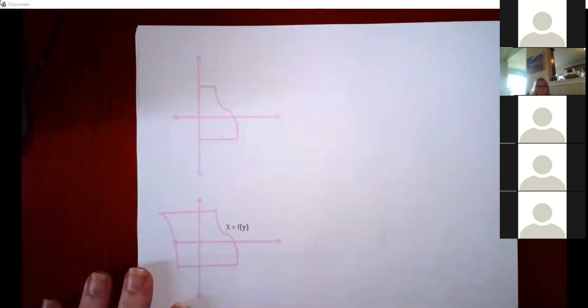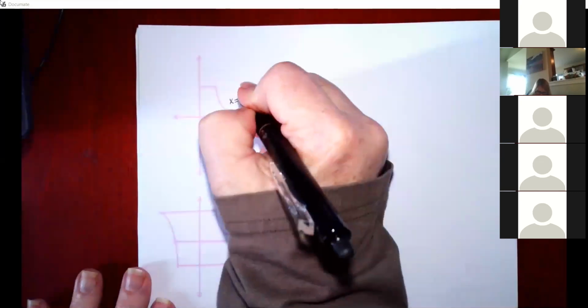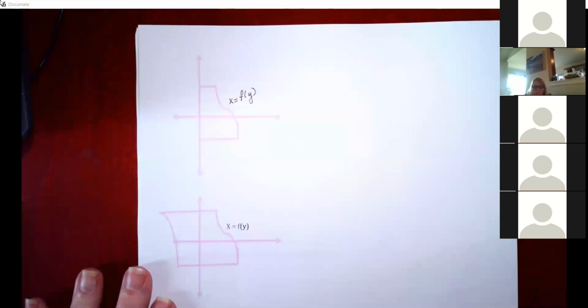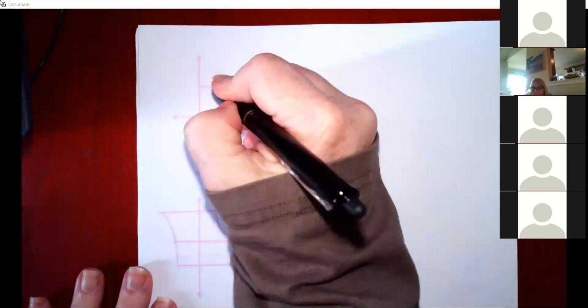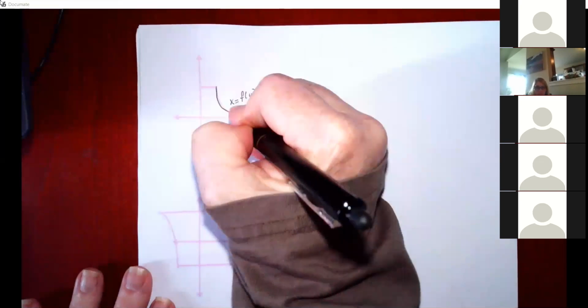So we were just looking at ones with x's. Do we always have to add up vertical rectangles? Well, no. It's possible that instead of having a function that is written with x as the independent variable, maybe it's x as a function of y. So I'm going to call this function f of y.